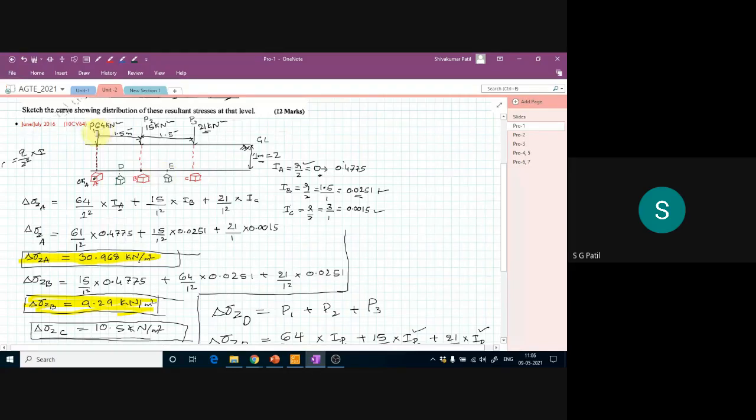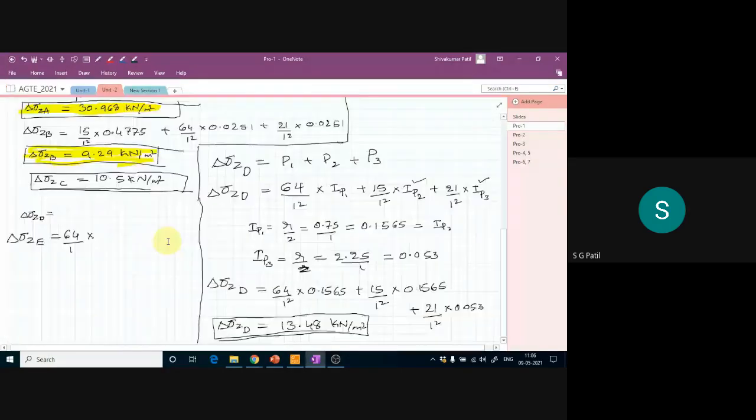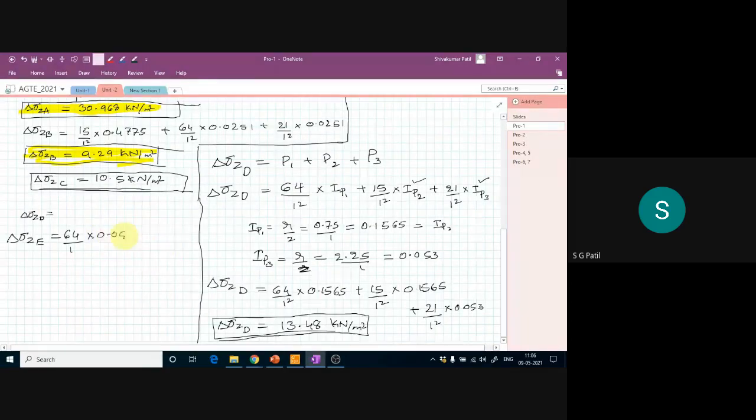So delta sigma z at point E is equal to, I will write in detail like this. What is my load? 64 kilonewton divided by Z, which is 1, into the influence factor. What is R by Z here?